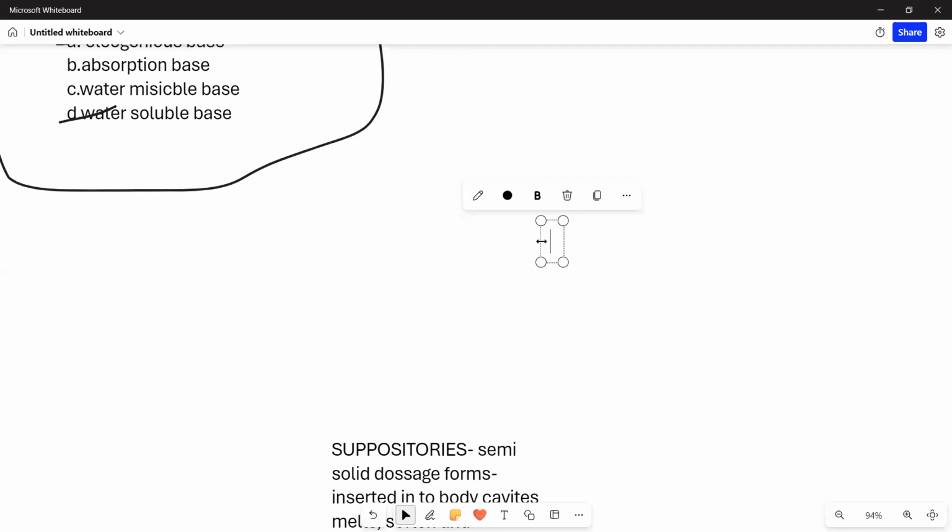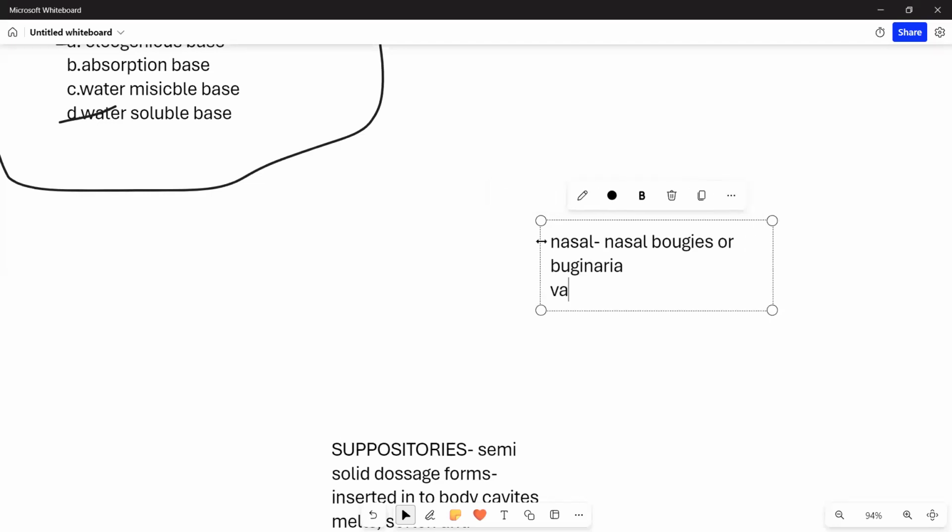The suppositories which are administered to the nasal cavity are known as nasal bougies. Those administered to the vaginal cavity are known as vaginaria.